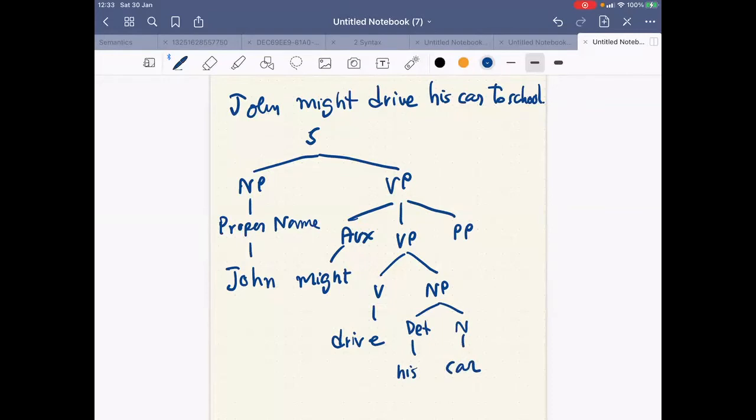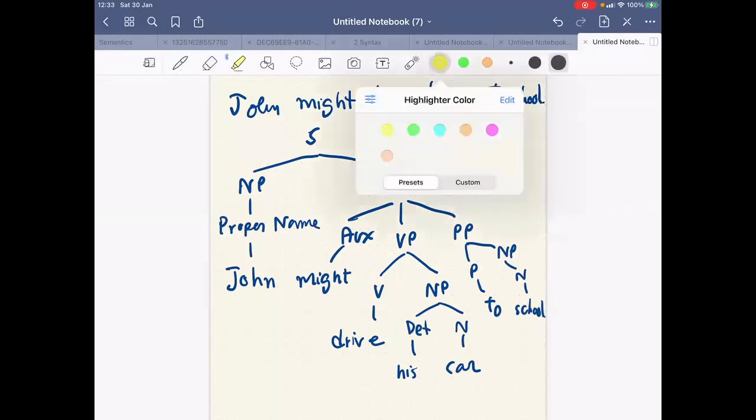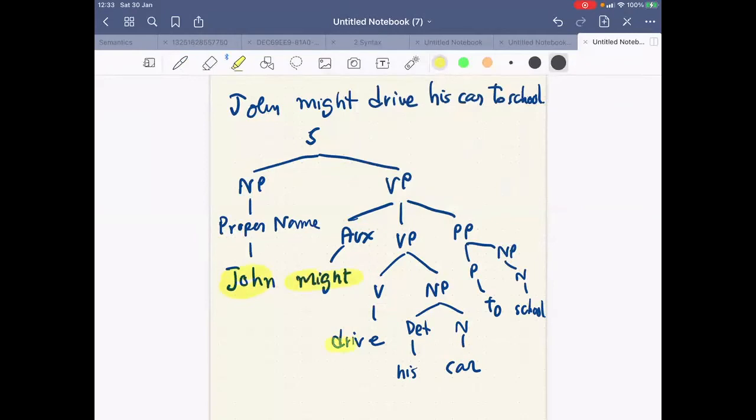For the PP, I will have P for to and NP school. So this way we got the sentence, John might drive his car to school.